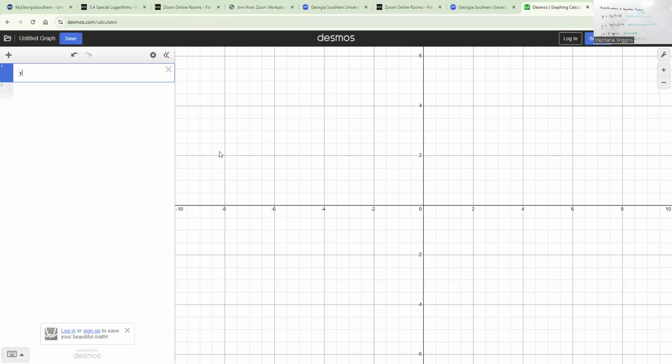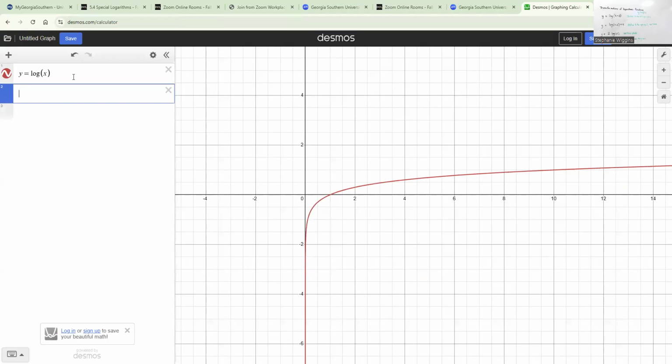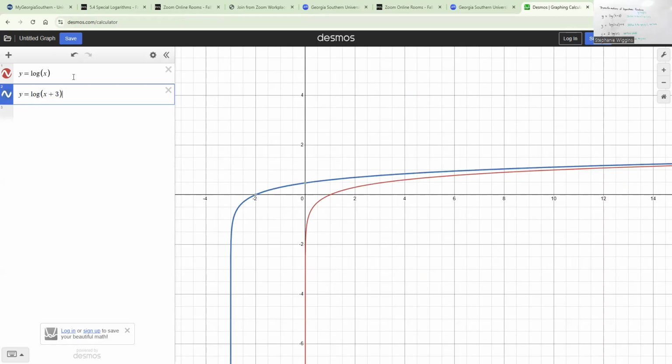So let's take y equals log of x, that's the common log, and there's our graph. And now we're going to look at y equals log of x plus 3. And you can see the best way to do this when you're looking at these is to notice how the vertical asymptote is shifted.